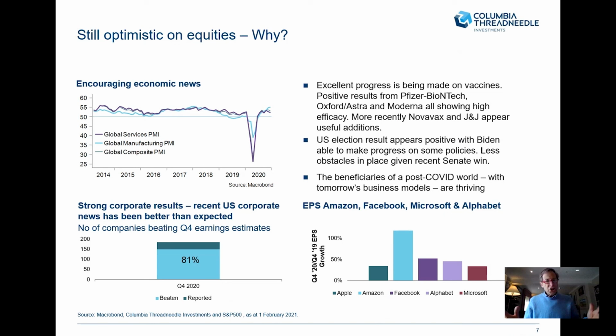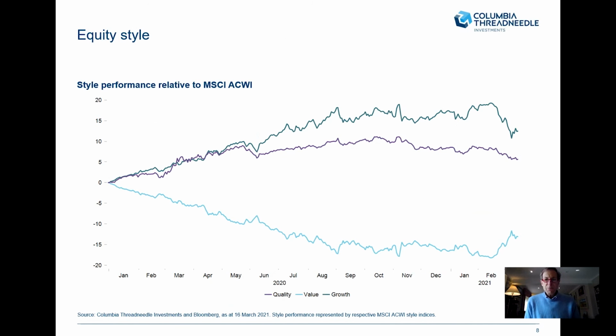I said I'd come back to style and the sorts of companies we've got in the portfolios. If we look at the next slide, it shows the performance over the last year of quality, of growth, and of value. And you can see that quality and growth are the top two lines and have done very nicely until just very recently, and value down at the bottom has performed very disappointingly, again until very recently.